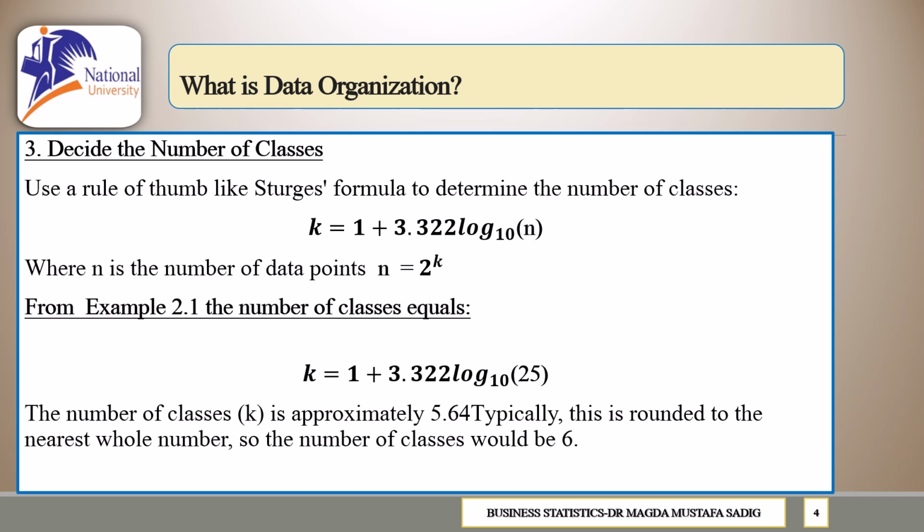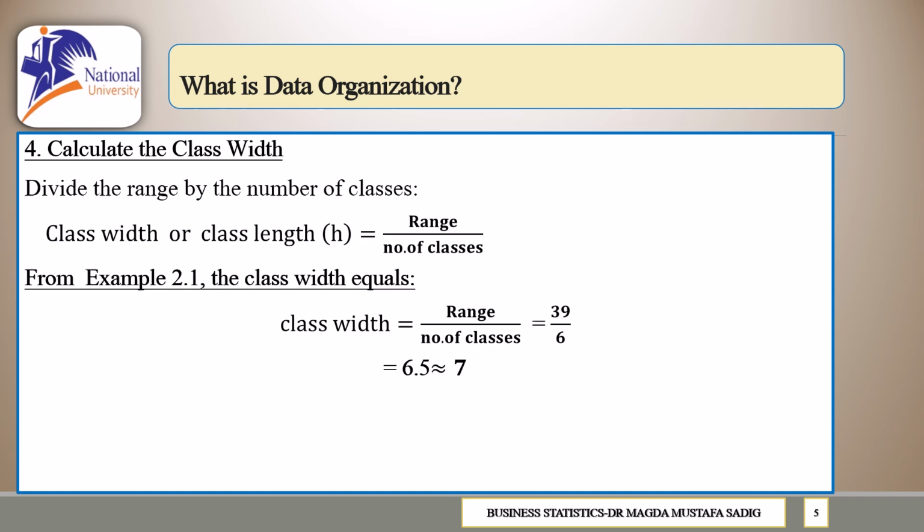Calculate the class width. Now that we know we need 6 classes, our next task is determining the width of each class. The formula is straightforward: class width equals range divided by number of classes. The range is simply the maximum value minus the minimum value.